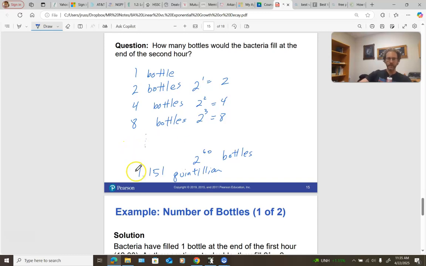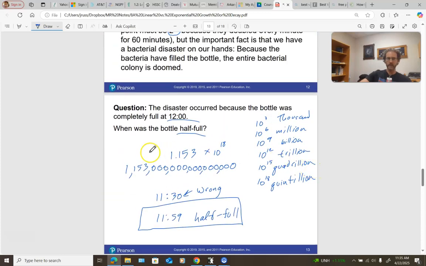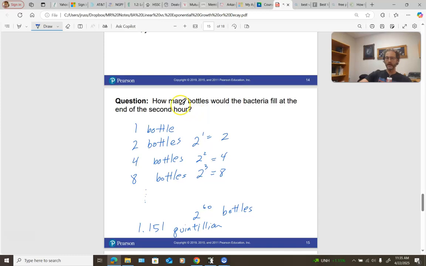Or in other words, it's basically 1 and move that decimal place to the right 18 places, so you'll end up with 15 zeros. We saw it up here, so I'm not going to rewrite it. So anyway, that's how many bottles you would have after the second hour.